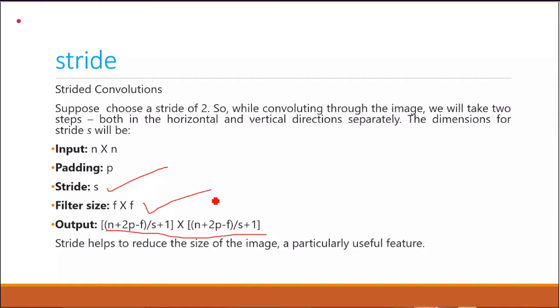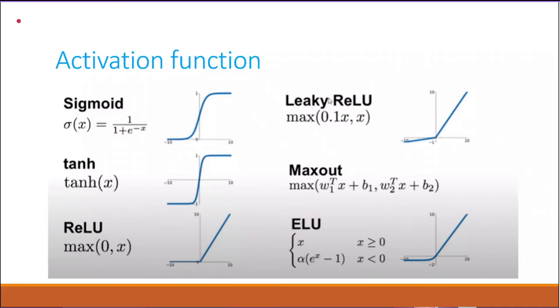Whenever the object occupies more of the image, as in segmentation, I can go for 1. So the output size is n plus 2p minus f, where p is the padding, valid or same, divided by the stride, plus 1. So I can get the output of the strides. The strides help to reduce the image dimensionality.